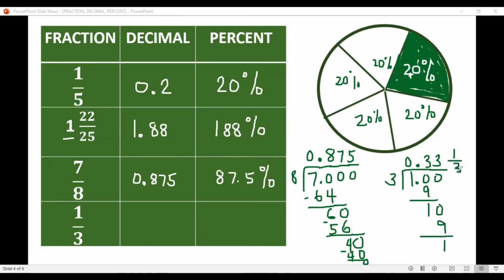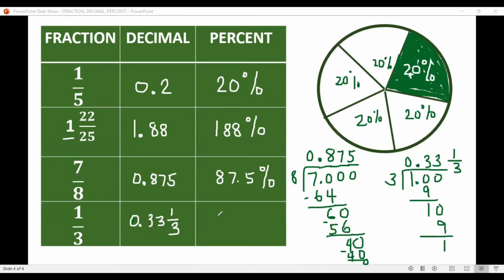So as you notice, we have now a complex decimal number. We will now change that and have it 0.33 and 1/3. Okay, and if you are going to multiply that so that we will be getting an answer which is in percent, again, you just have to move the decimal point 2 places.